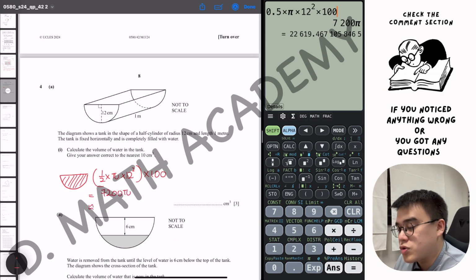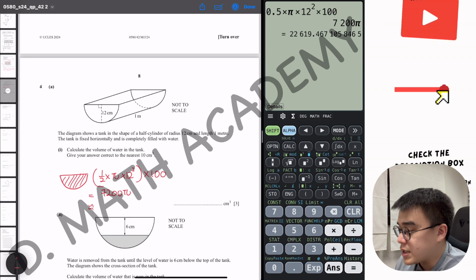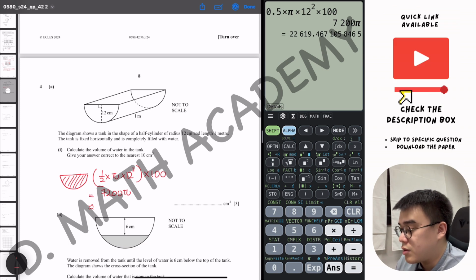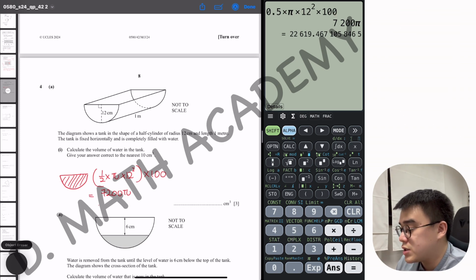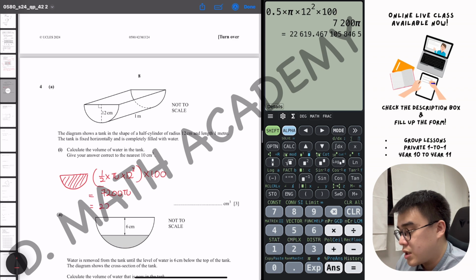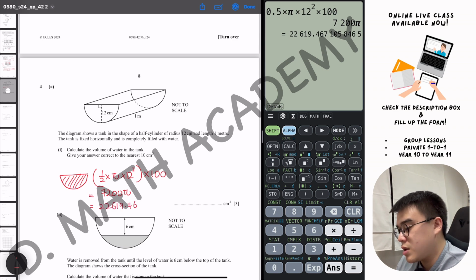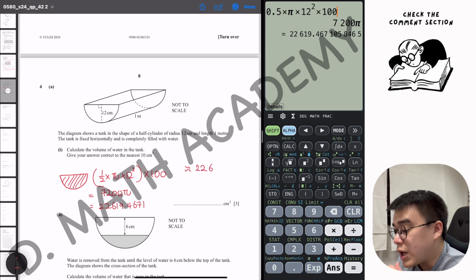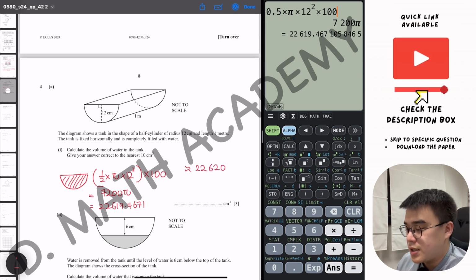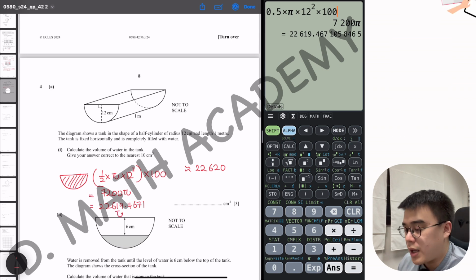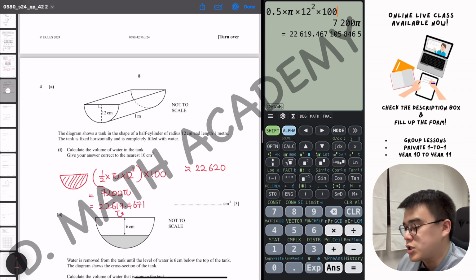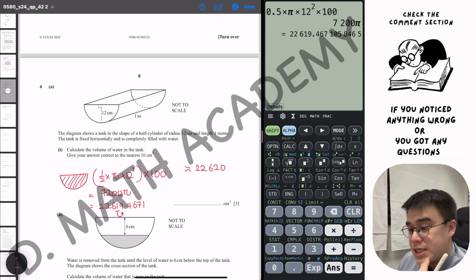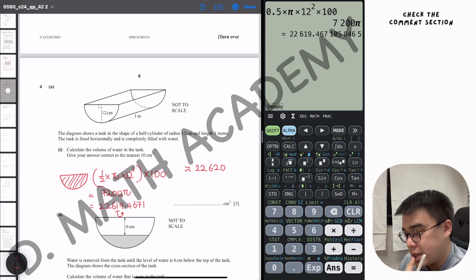Since they wanted us to correct it to the nearest 10 cm, you can feel free to write it out first: 22,671. After you round it, it should be 22,670, because the 10 is located here when you point towards the back, and the number at the back is lesser than 5, so you round down.